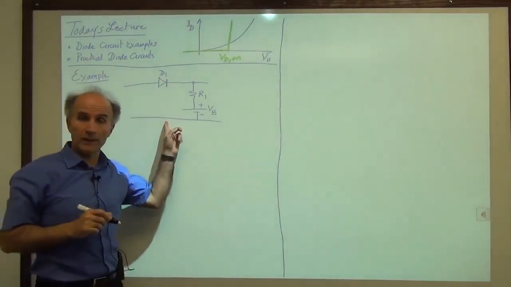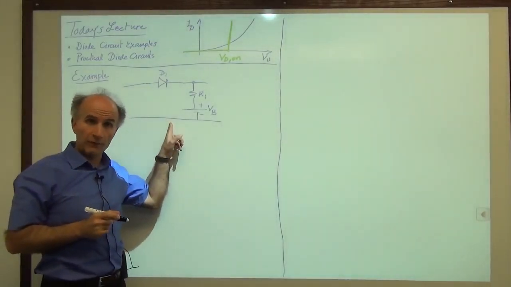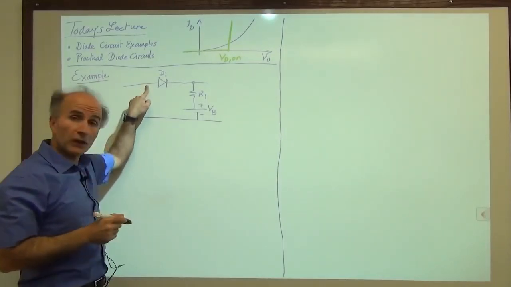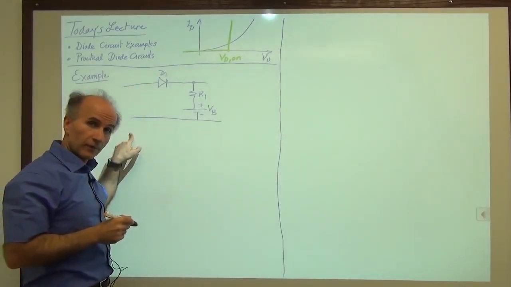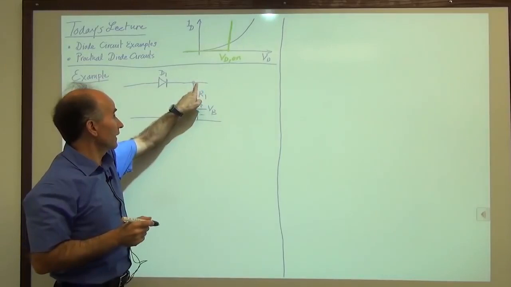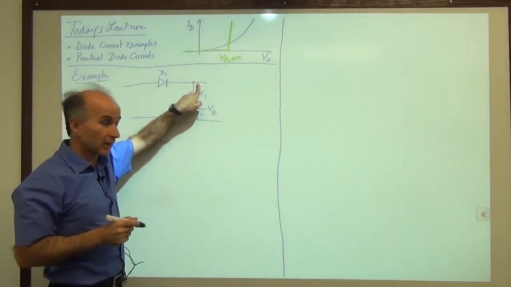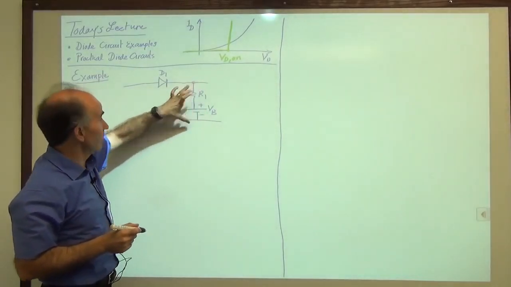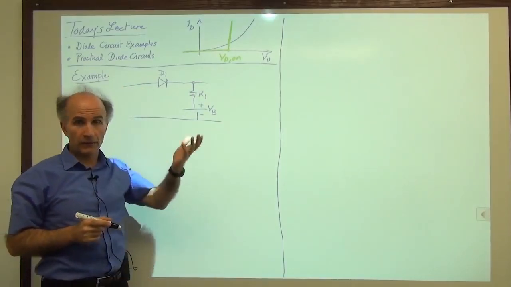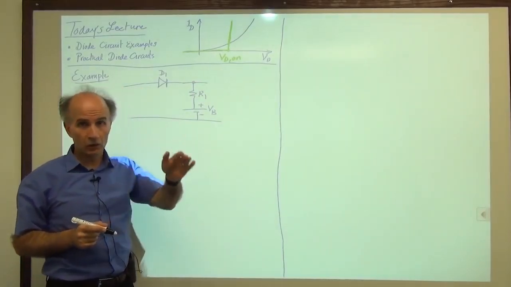So this circuit was something we analyzed last time. We found the input current as a function of the input voltage, and we found the voltage at this node, which we called node N, as a function of this voltage. And we plotted these from minus infinity to plus infinity.